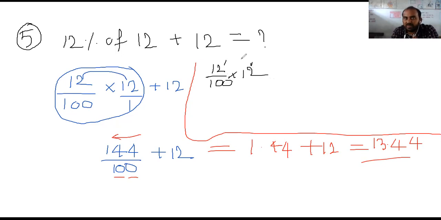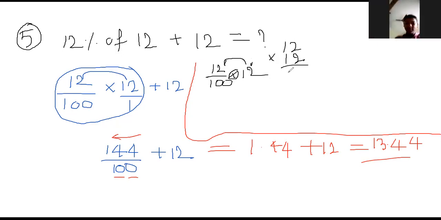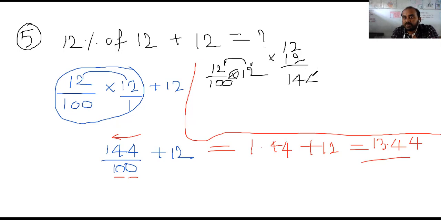No. In between who is the symbol? Into. So you have to multiply. 12 into 12. If you multiply this, how much you will get? I told you about 20 squares, 30 squares. In that, 12 into 12 means 12 square. 12 square value is 144. 12 12s are 144. Denominator is 100 only.